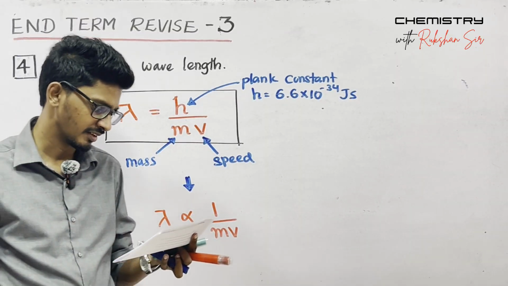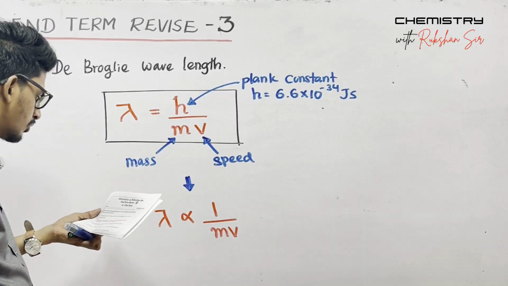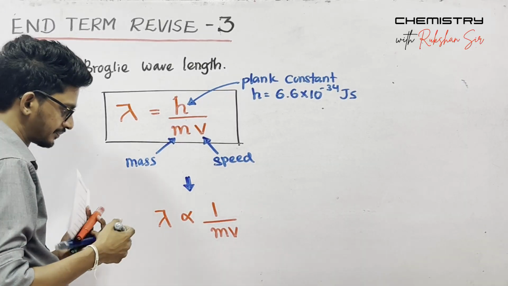So the statement says de Broglie wavelengths of heavy particles are always smaller than those of lighter particles. Heavy particles means when m is high.